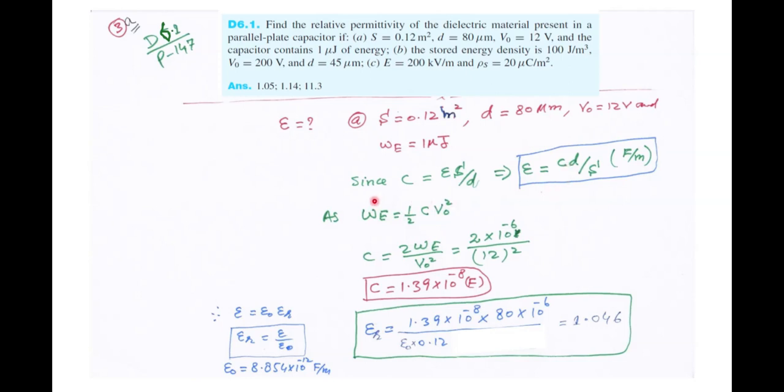So using the relation of total energy stored in a capacitor, we can obtain the value of capacitance for the values given in part A of this problem. So C in this case becomes equal to 1.39 times 10 to the power minus 8 farad.